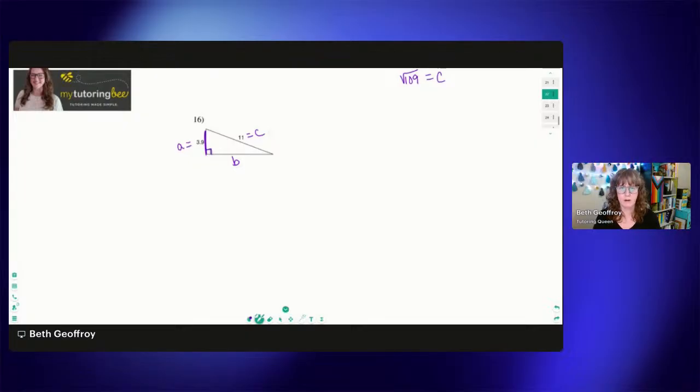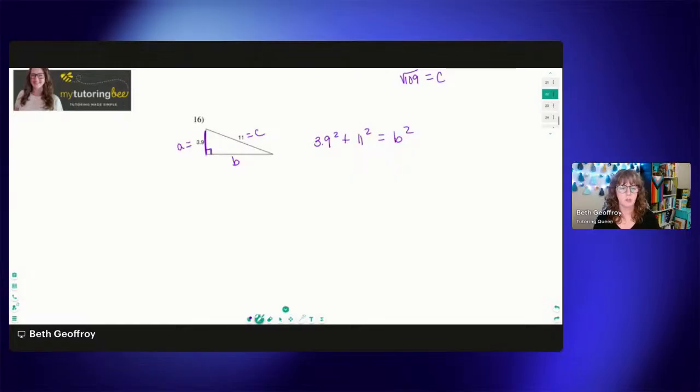This is another area where students will run into some mistakes sometimes because I will see them do this. They'll do 3.9 squared plus 11 squared equals B squared. The A and the B always have to be added together on one side of the equation, and the C squared has to be on the other side of the equation.